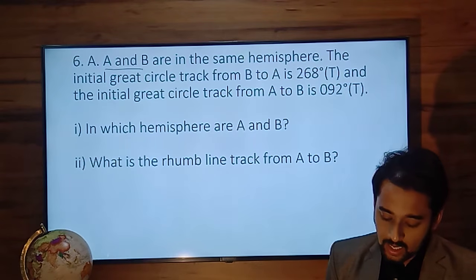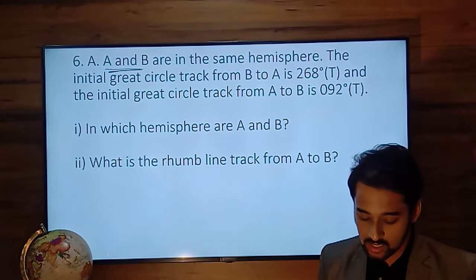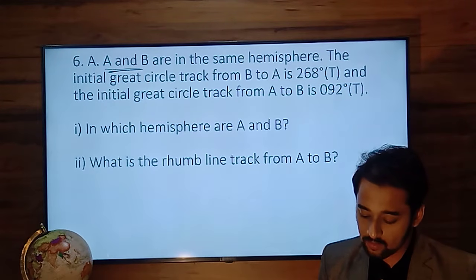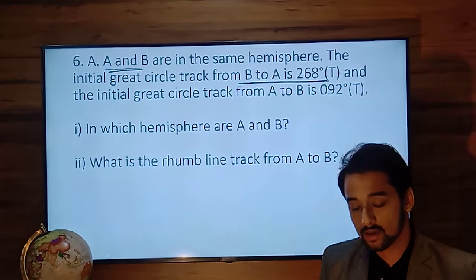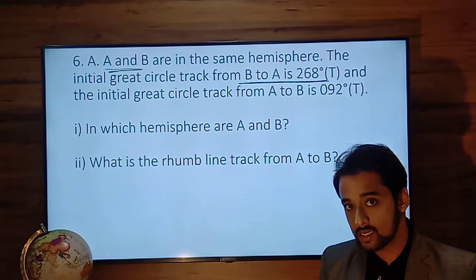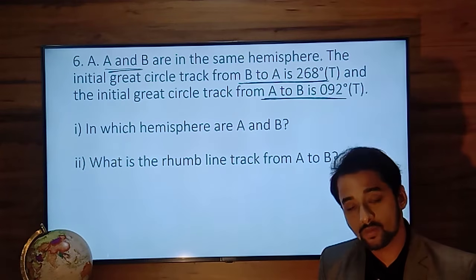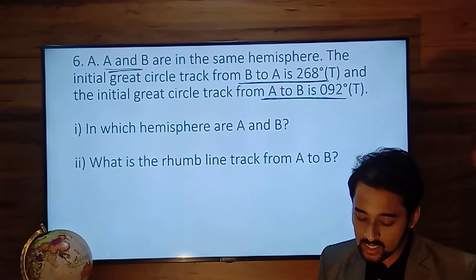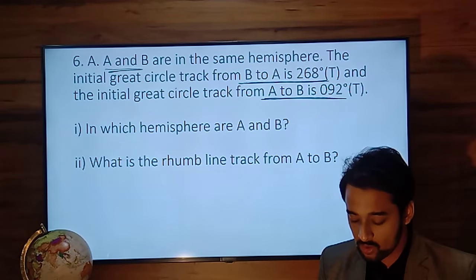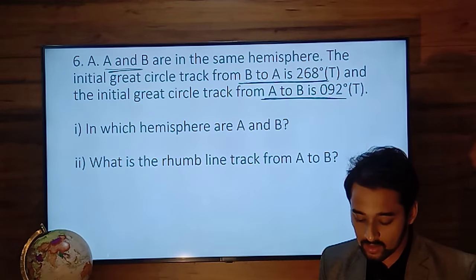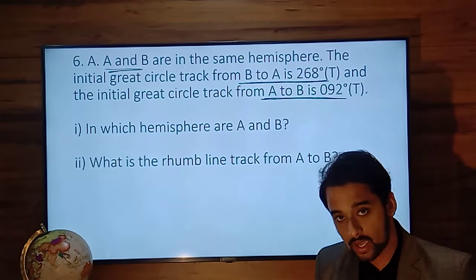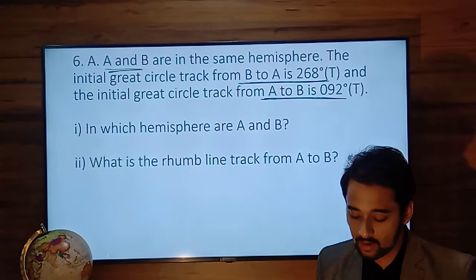Points A and B are in the same hemisphere. The initial great circle track from B to A is 268 and from A to B is 092. In which hemisphere are A and B located? What is the rhumb line track from A to B?